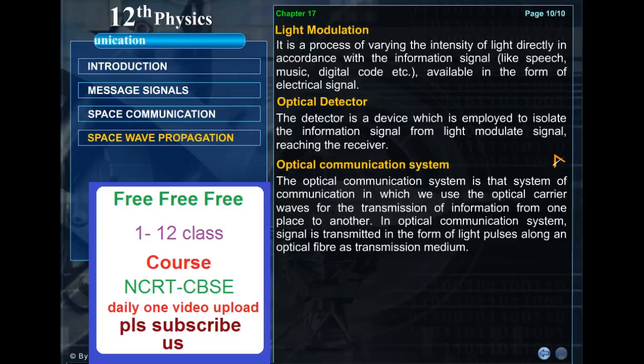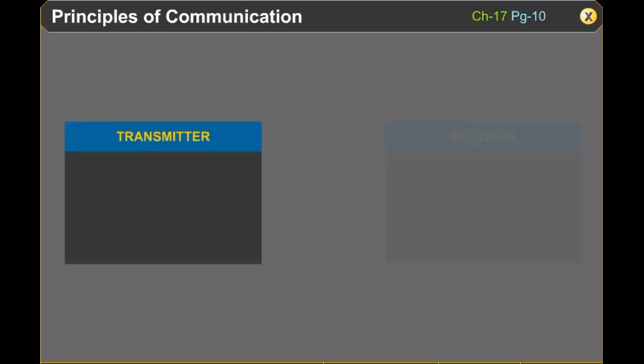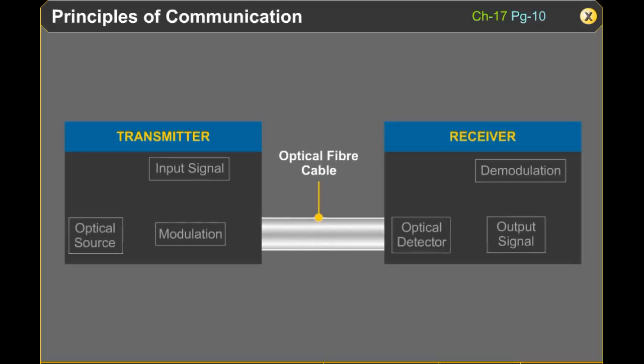The detector is a device which is employed to isolate the information signal from the light modulated signal reaching the receiver.